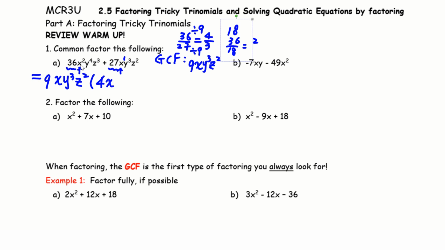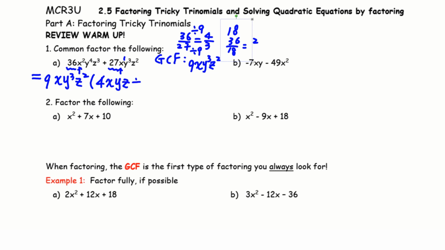Y to the exponent 4 divided by y cubed, 4 minus 3 gives you 1. And you will see, once you know the rules, it's just integers adding, subtracting. The numbers at front is division, and all the other degrees is integer subtraction. So for the z, 3 minus 2 is 1.